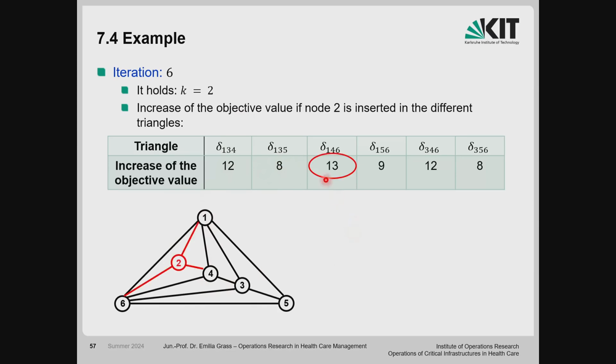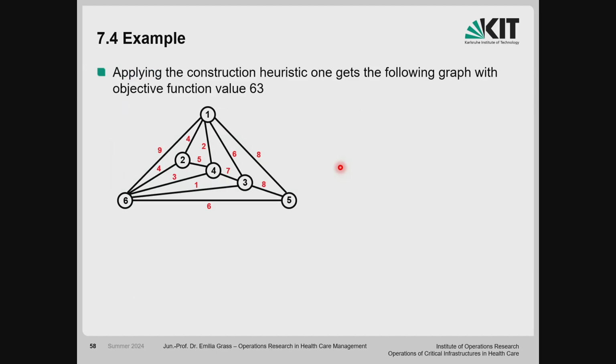And of course, we take the one with the highest value to improve our maximization objective function. So that means we now have an objective function value of 63.